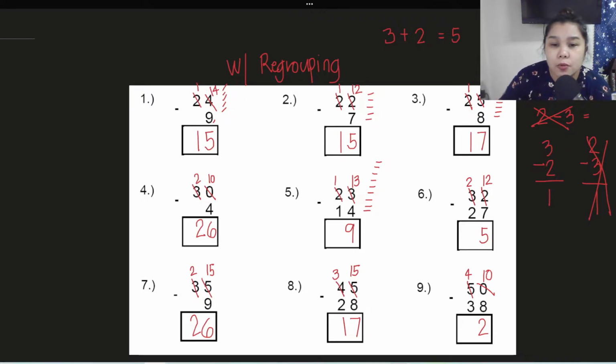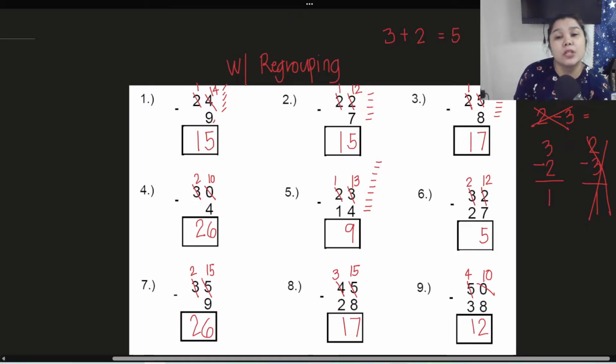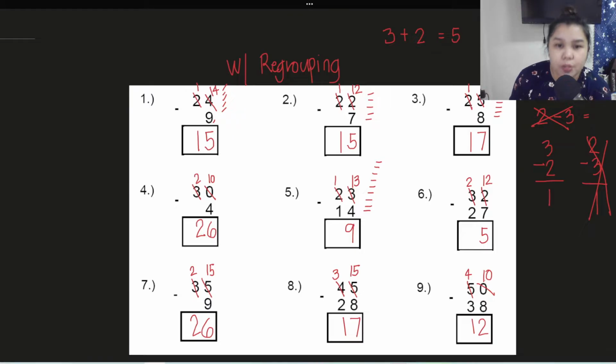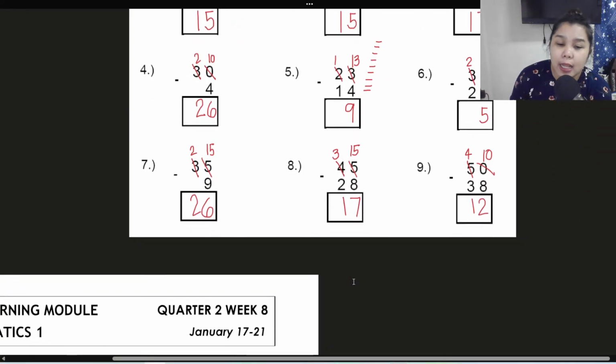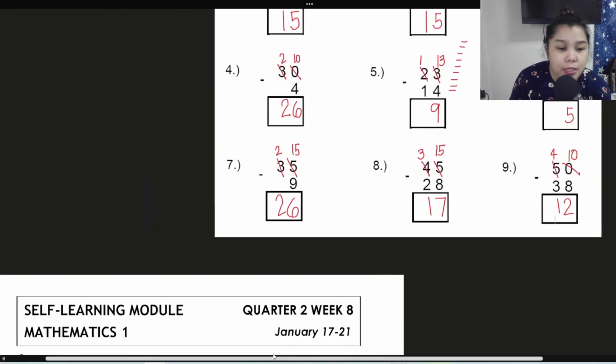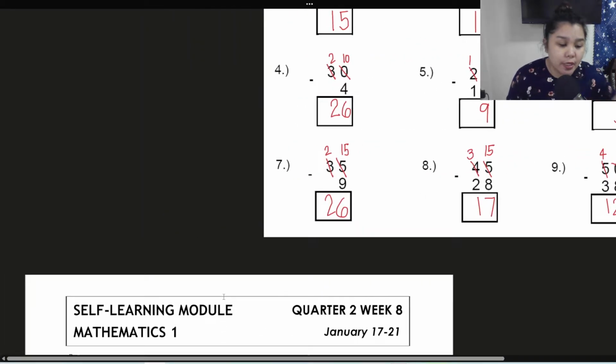I did not use yung sticks, but I used mental math. So, pwede yun. Kapag magkalapit lang, you can use mental math. So, we have 2. And then, 4 minus 3, mental math again, it's 1. So, that's how we regroup in subtraction. I hope you don't forget this para kahit ano pang ibigay na subtraction sentences, you can easily answer them.